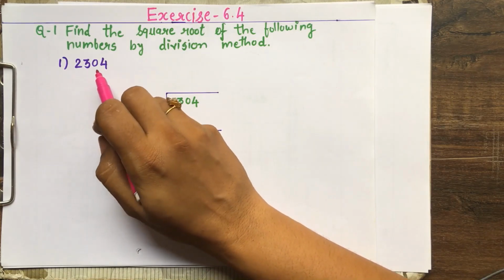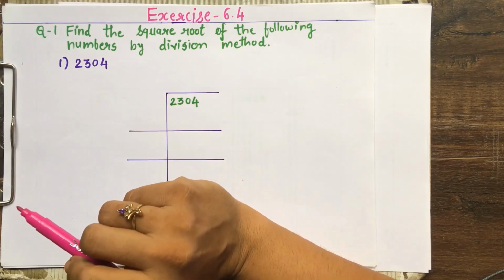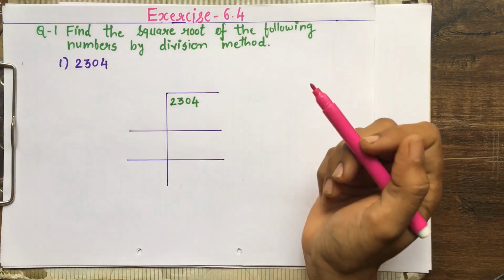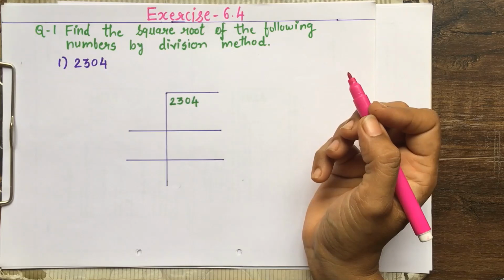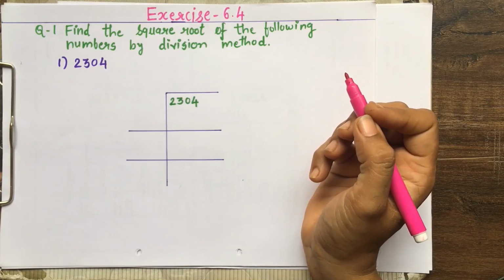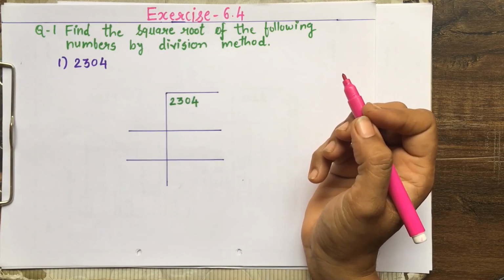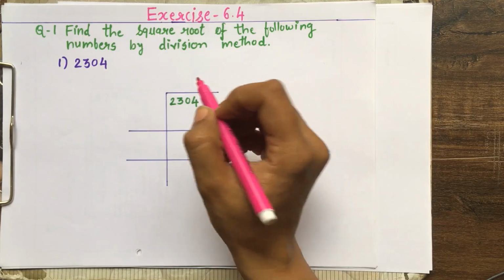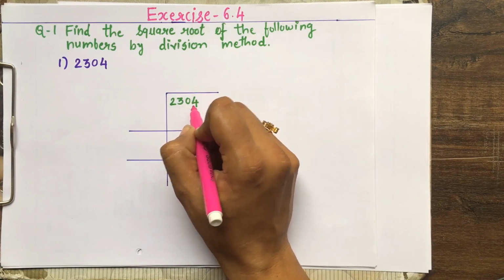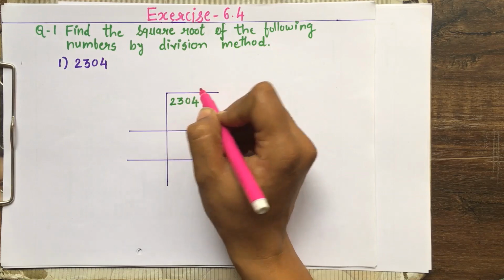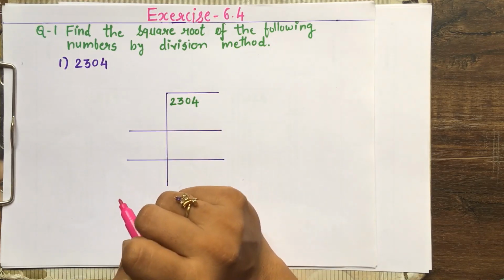So the first step over here is we will group this number into groups of 2 digits. We'll start from right hand side and divide the number into groups of 2 digits.